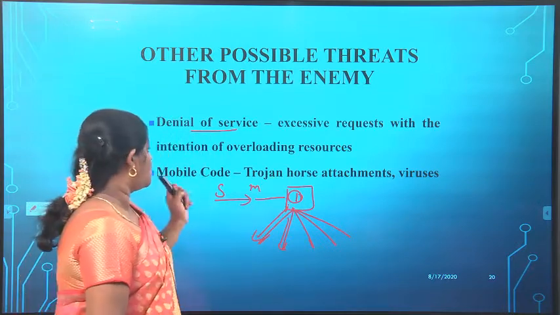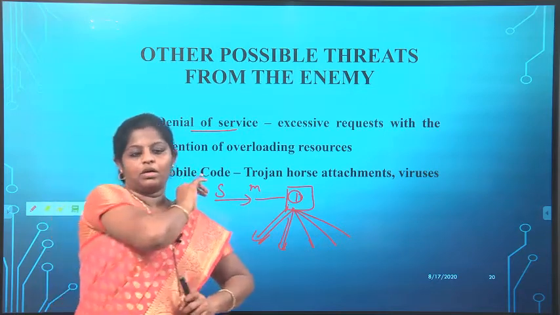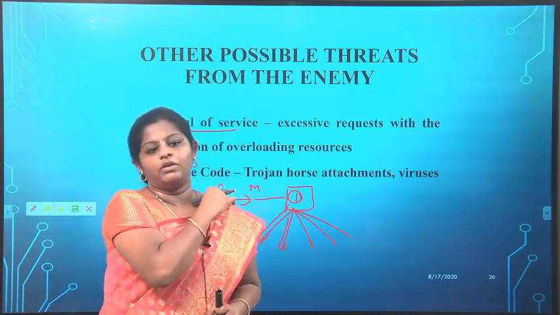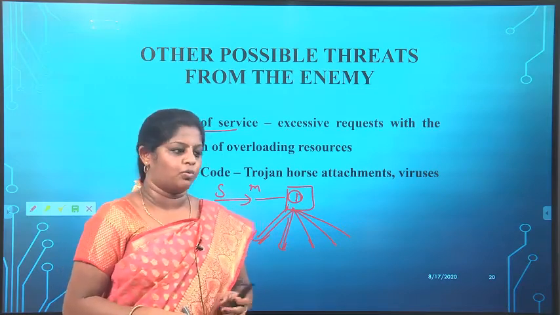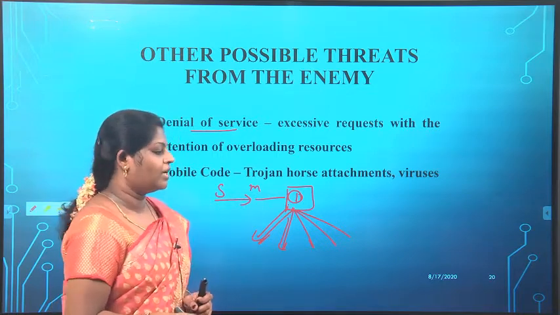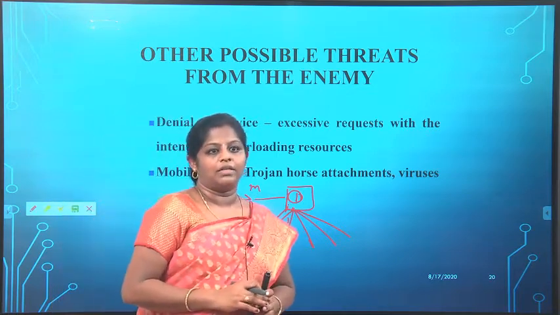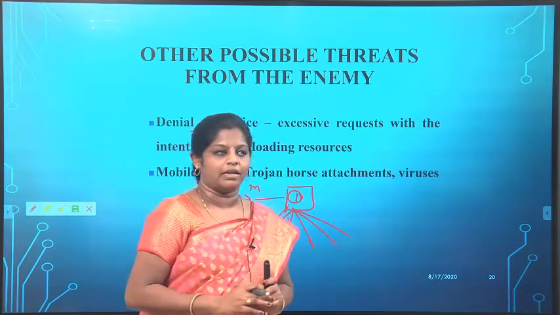This is the denial of service attack. I gave an example also: Twitter was stopped for 1 hour in August 2001 because of a denial of service attack. That means the service stopped on Twitter for 1 hour because of the denial of service attack.